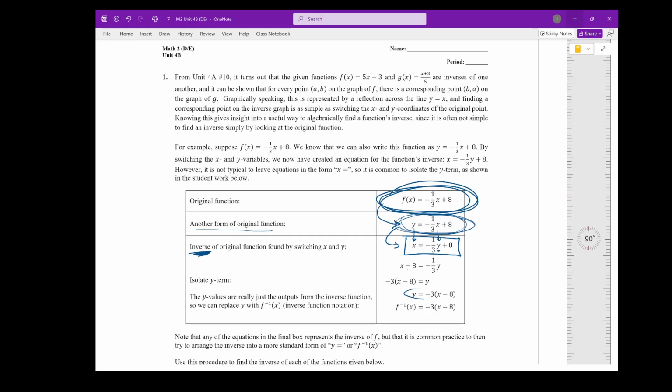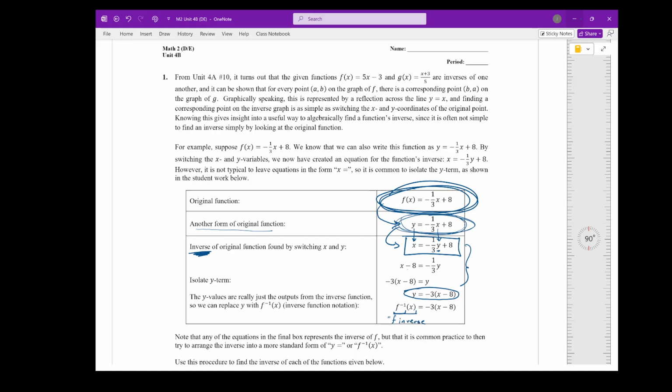All this right here is just different ways of writing the inverse. Inverse notation as a function is written as f to the -1. I can't tell you why it's to the -1, and you don't say f to the -1, you say f inverse.